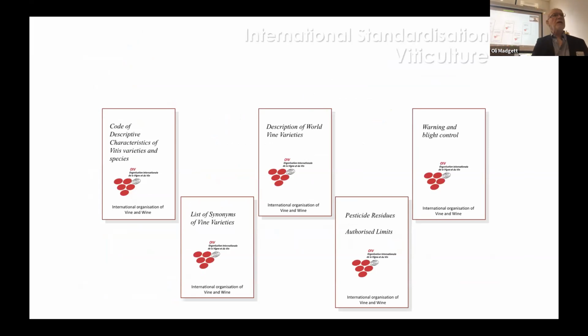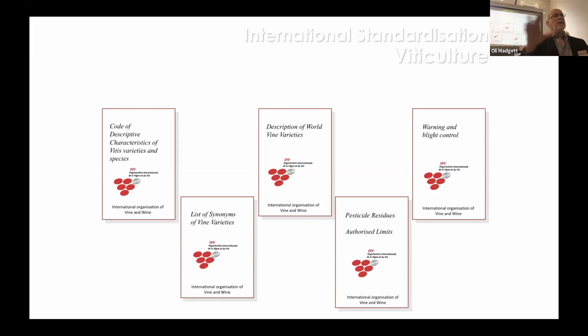So the sorts of standards that are promulgated will include the Code of Descriptive Characteristics of Vines and Varieties, to which are now added a number of the molecular marker codes. This is worked in conjunction with outfits like UPOV, the Union for Protection of Varieties.